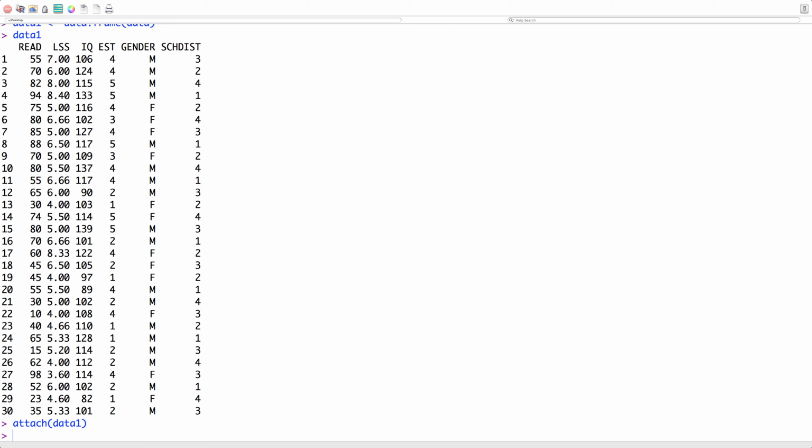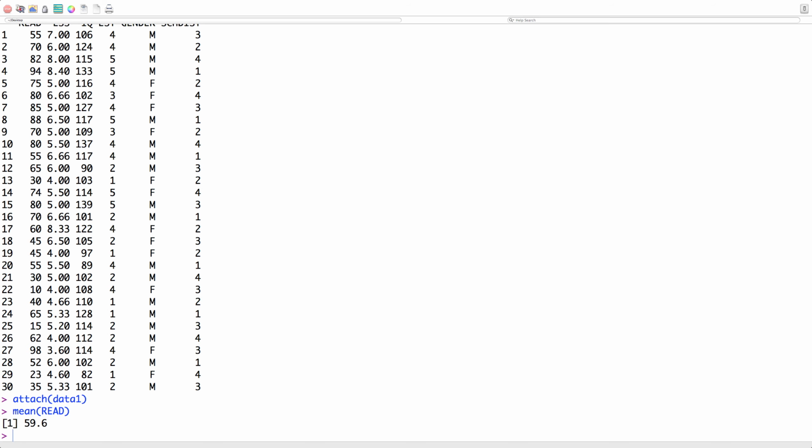It's always easy to forget. And the easiest way to check yourself on this is just try to take the mean of one of the variables. If I had tried to do this before I attached data 1, I wouldn't be able to do that, or at least I don't think I could. Once I attach it, that means I'm ready to do some cool stuff.